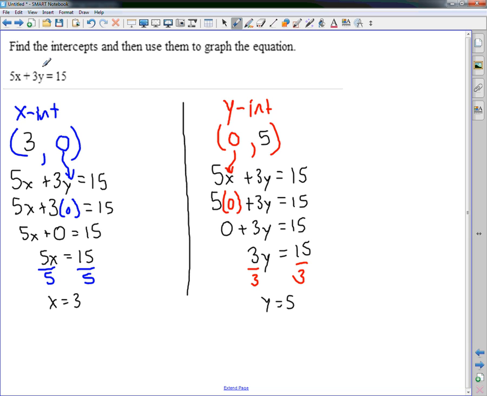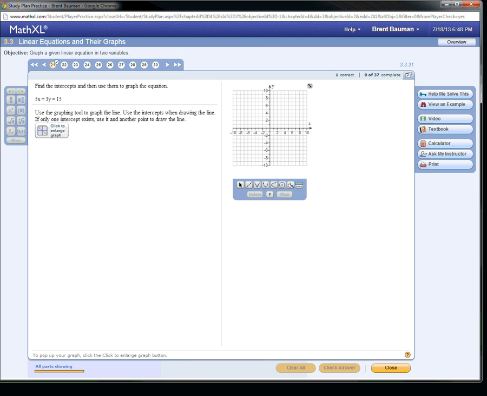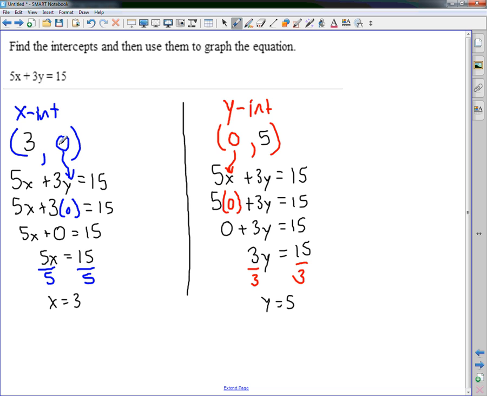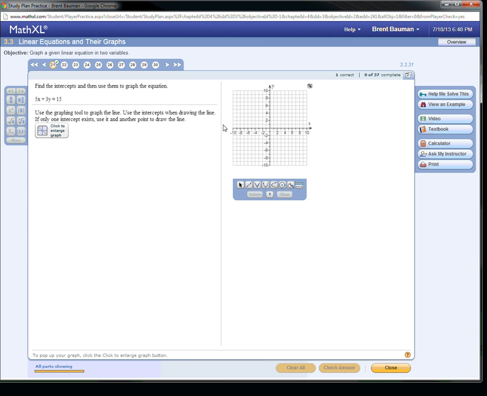Let's go back to Math Excel, and I'll show you how to graph. The point 3, 0 was our first point. That's going to be our x-intercept. Let's pick a line, because we want to graph a line.